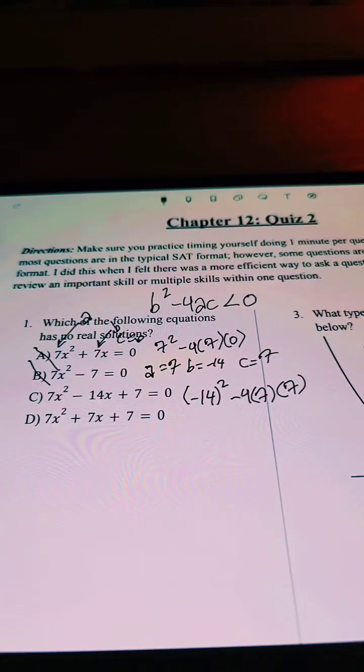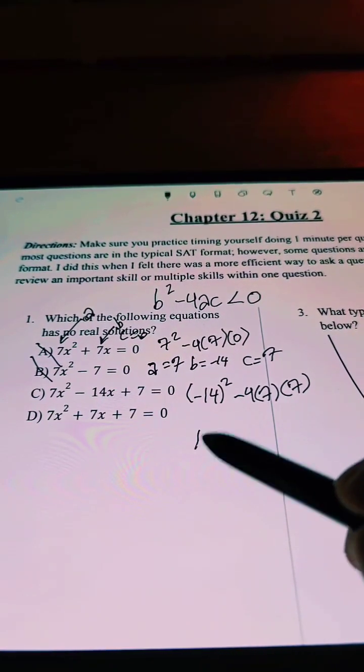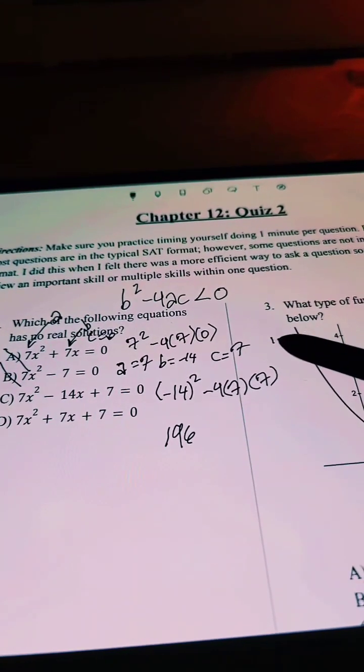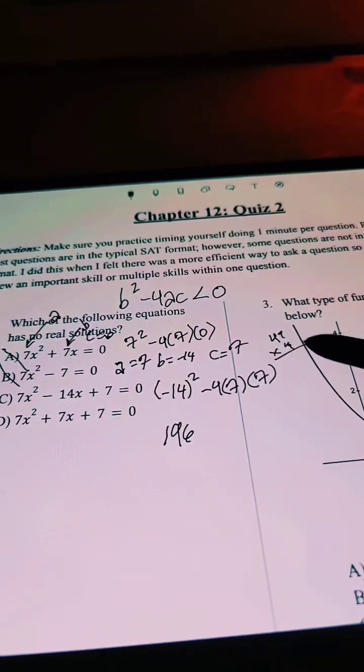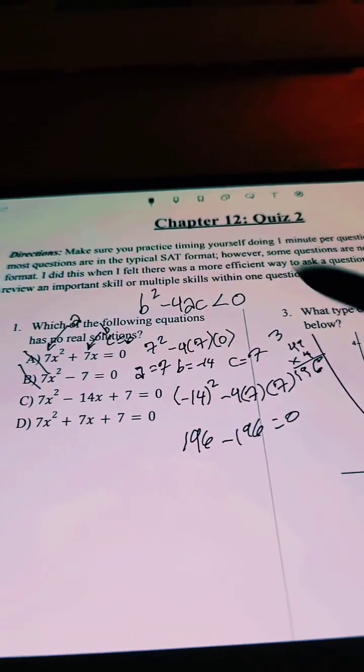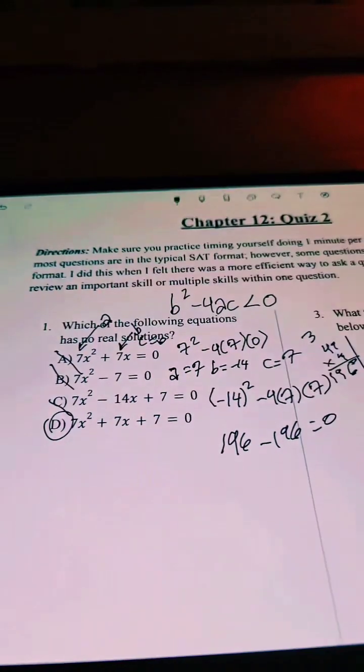Don't quote me on that, I'm terrible at remembering my perfect squares, so I'm going to check it. Yeah, 196. Then 7 times 7 is 49, times 4 is 196. So 196 minus 196 actually equals 0. So it's definitely not that one, and we know it's going to be D.